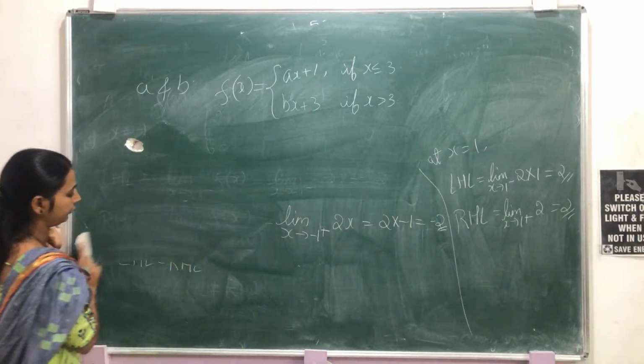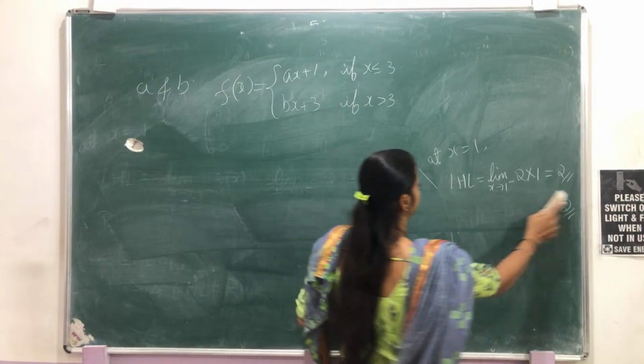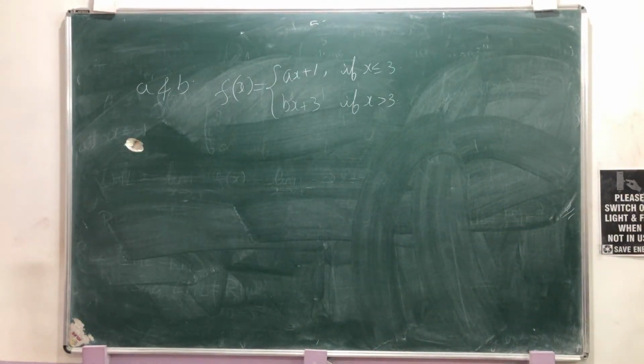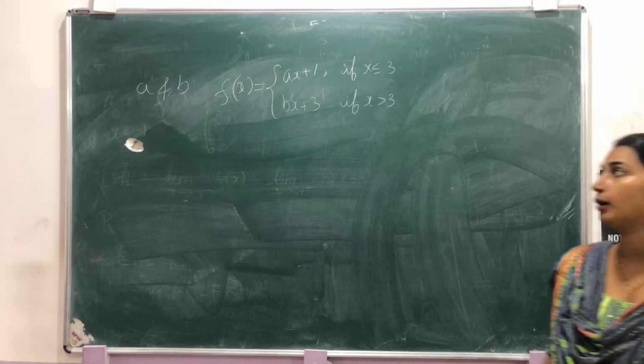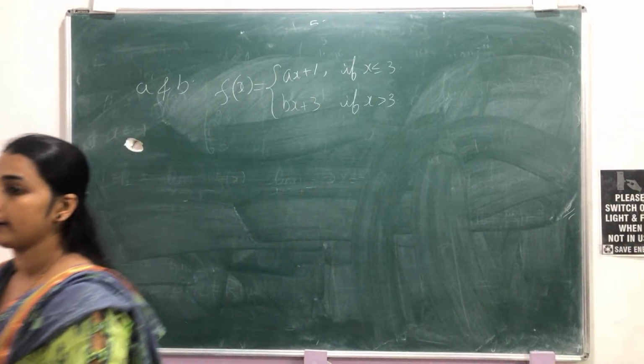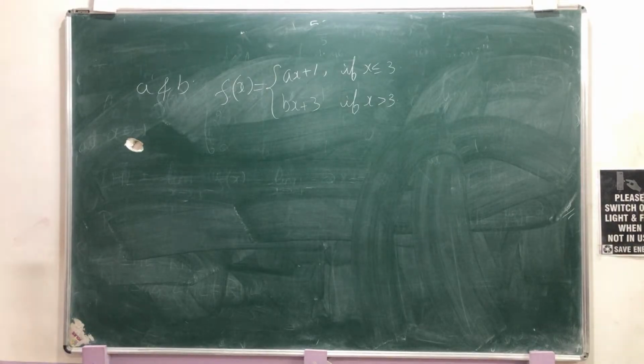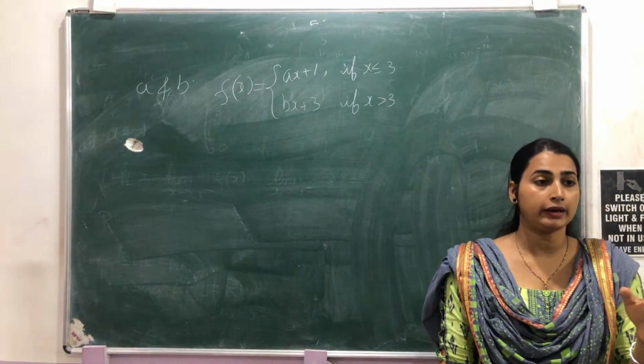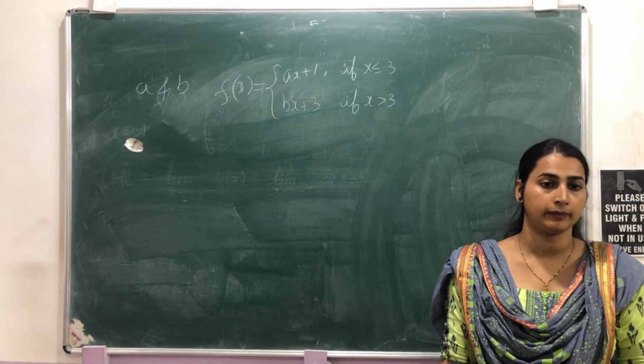Read the question carefully. What you are going to find out? You are going to find the relation between A and B, how A and B are related. And in the question they have given that the function is continuous at x equal to 3. You should listen to the class. What is the meaning of that? When a function is continuous at x equal to 3?